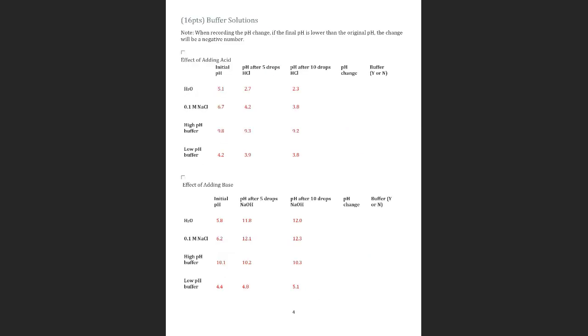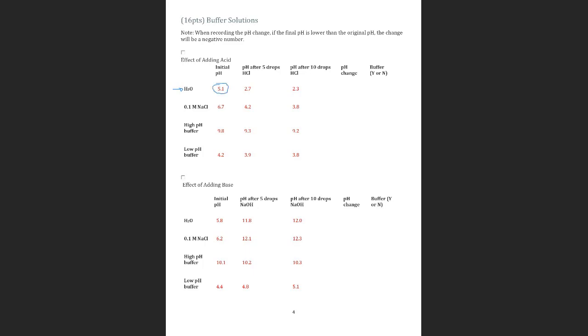Then the second part that you have to do. Here, pH change. You have water. Initial pH is 5.1.